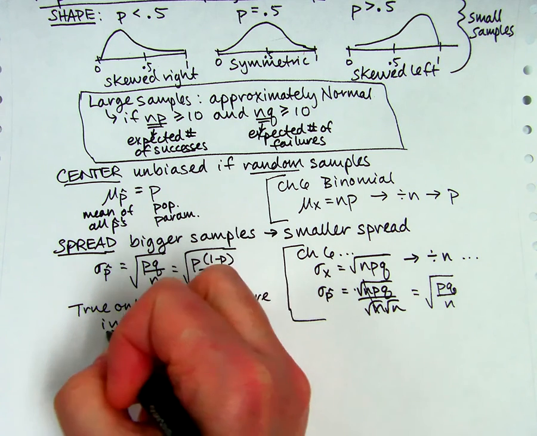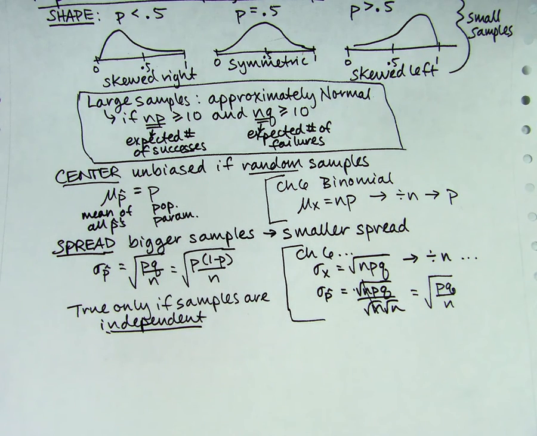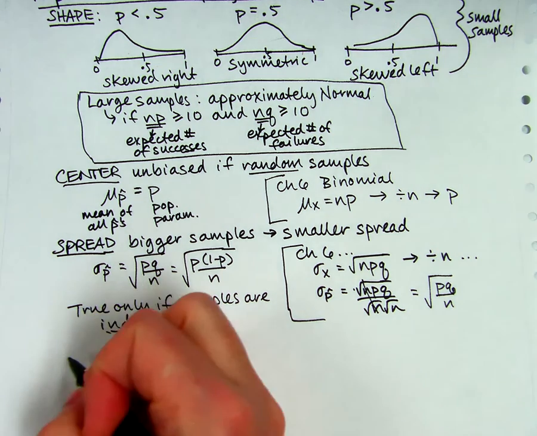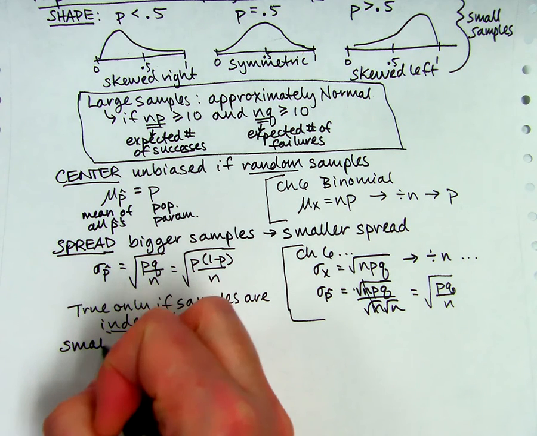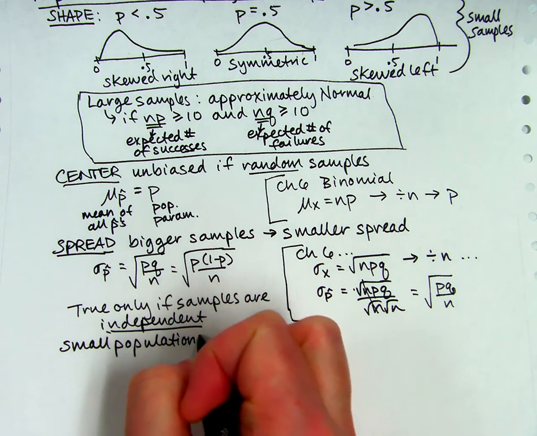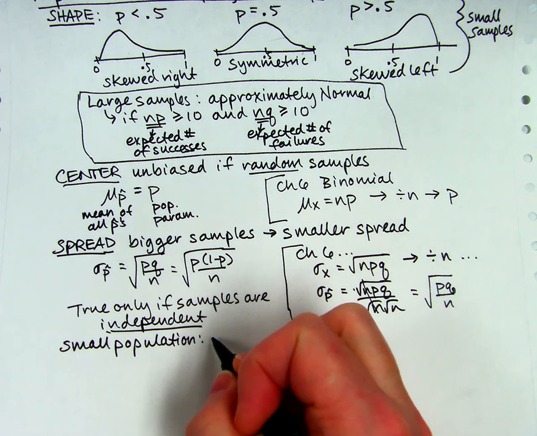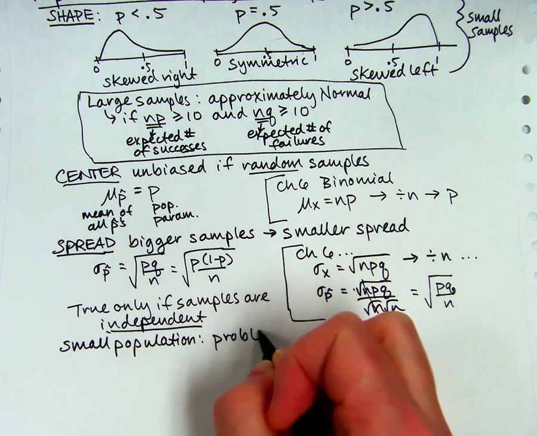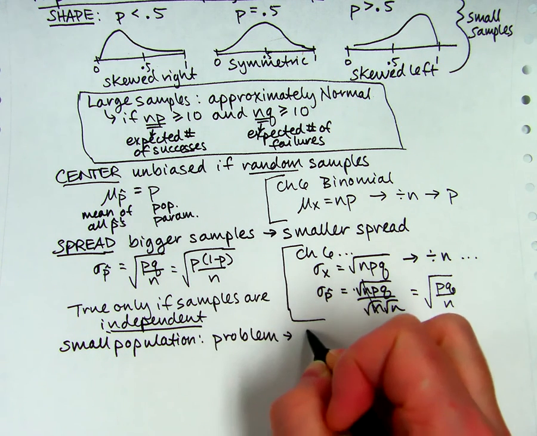So if each trial does not affect all the other trials, and that means you draw something out of the population and you look at it, and if you have a small population, we have a bit of a problem with that. Because this independence thing is harder to see on a small population. So the problem with a small population is if you're sampling without replacement.